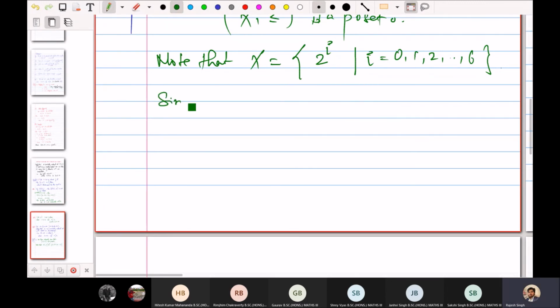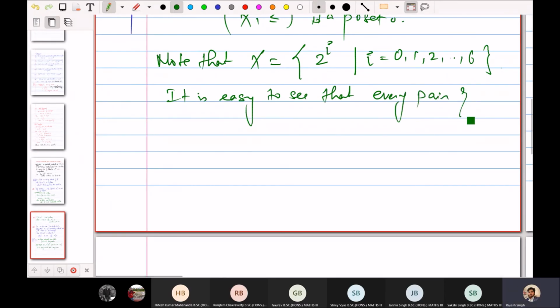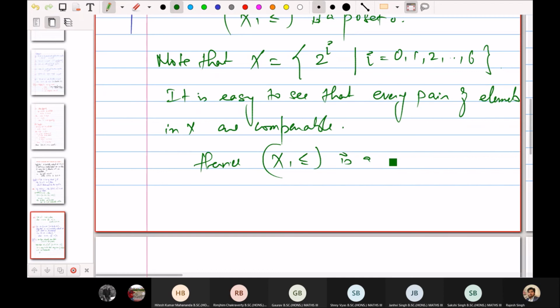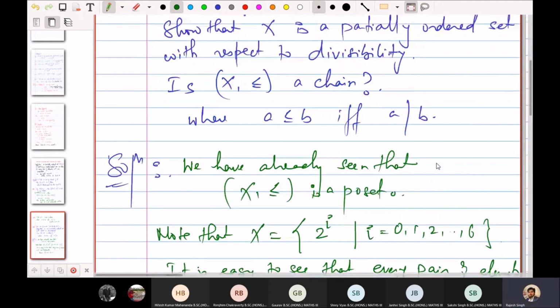So it is easy to see that every pair of elements in X are comparable. Hence, X is a chain. ठीक है? But factors of 12 will not be a chain.